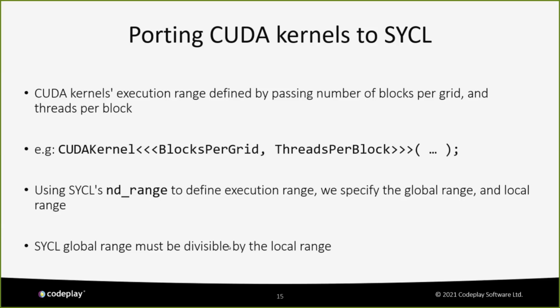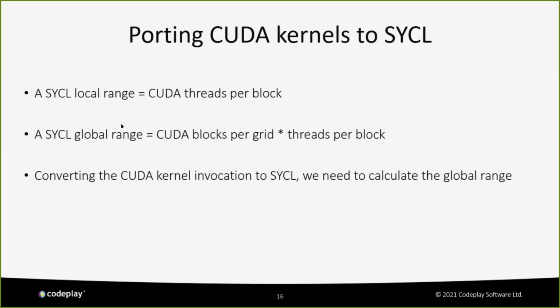And the SYCL global range must be divisible by the local range. So in SYCL, local range is the threads per block in CUDA. The SYCL global range is the CUDA blocks per grid times threads per block. So converting the CUDA kernel invocation to SYCL, we need to calculate the global range.